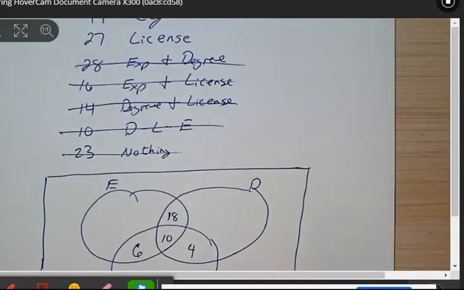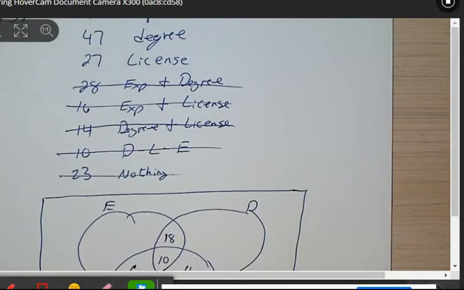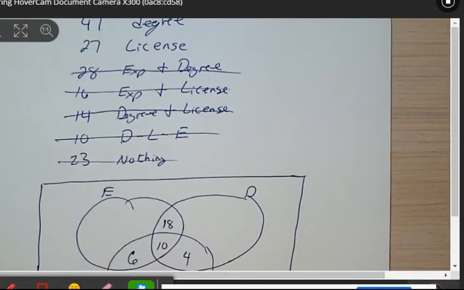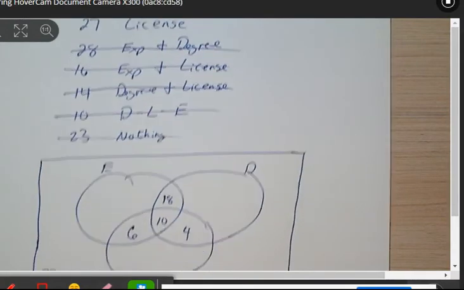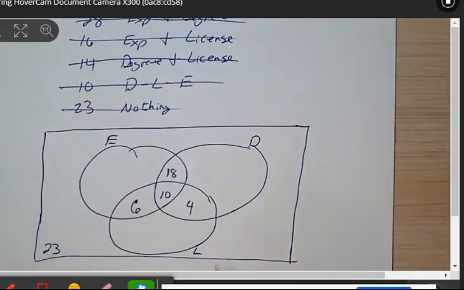Okay, and then we're going to use those circles with the numbers inside each of those little sections to go back and get the other numbers that we had back up here. So with the license, there were 27 people total. And if you look inside the circle, there were 10 here and another 10 here. So that was a total of 20. So it means there's 7 people that were outside of the intersections that we had here.